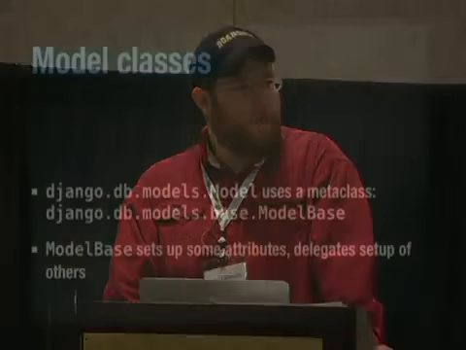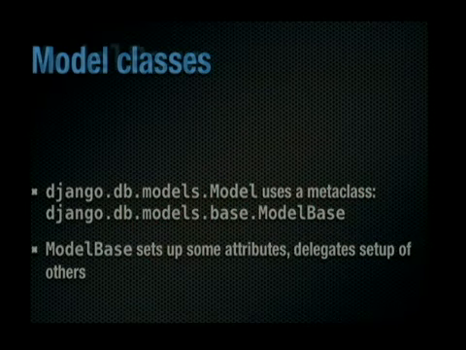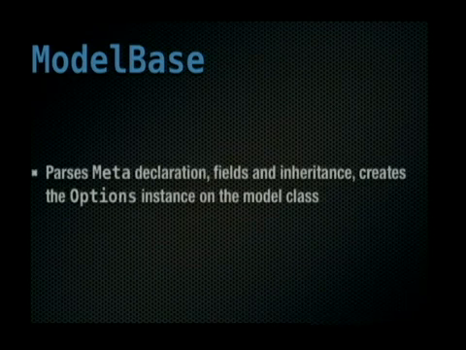We use them all over the place in Django. We use them in some places we probably shouldn't use them. Models have to do this. ModelBase is the metaclass for all Django models. It sets up some attributes on the model class and delegates some of the others.